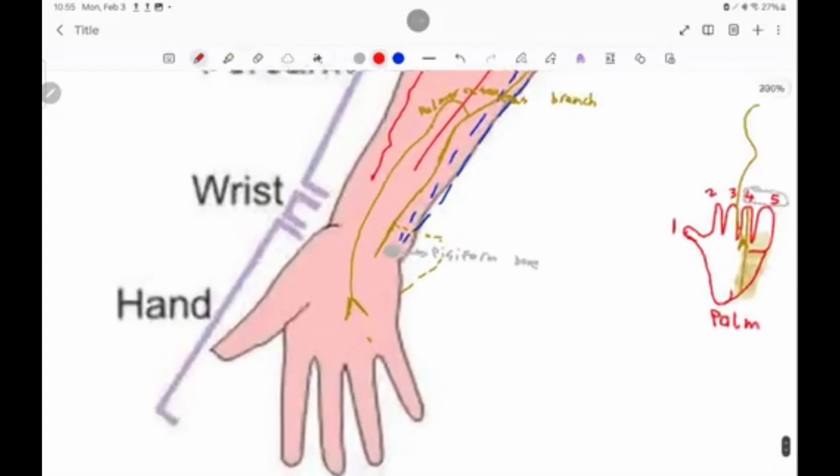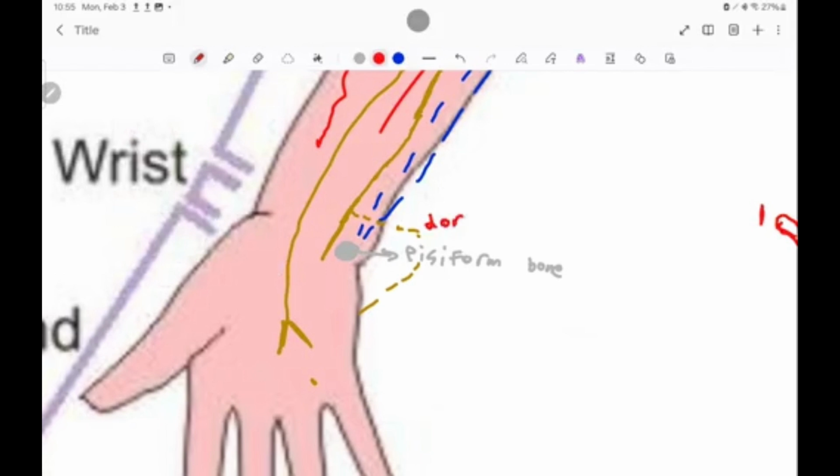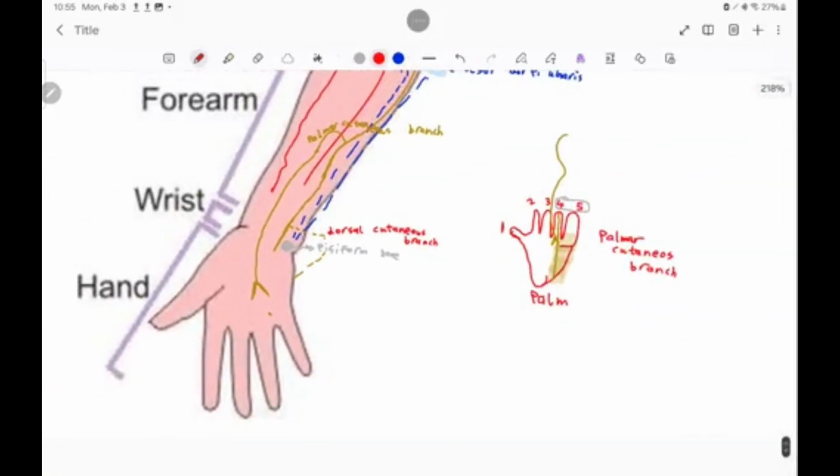However, this dorsal cutaneous branch supplies both the fingers and the skin below them in the dorsal aspect. Now I'll draw what it supplies.